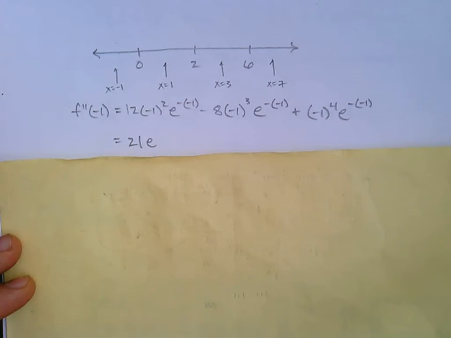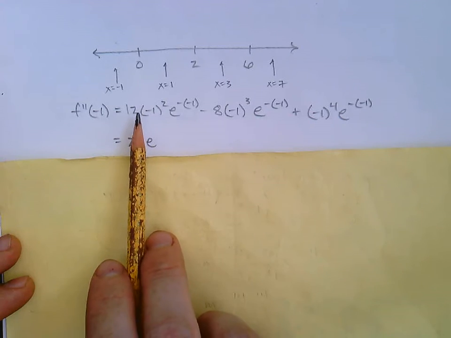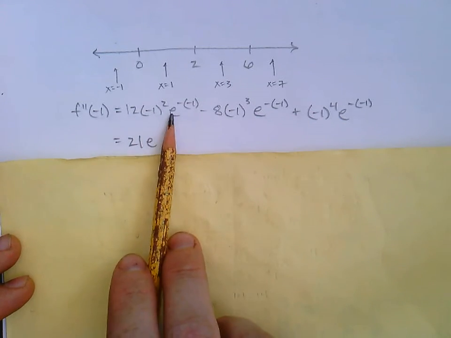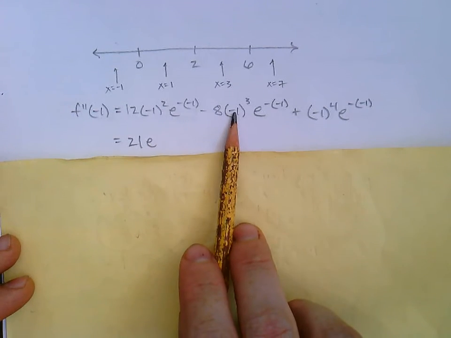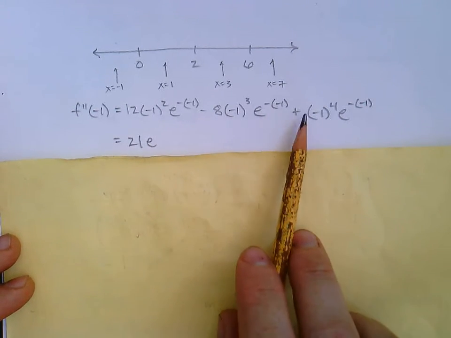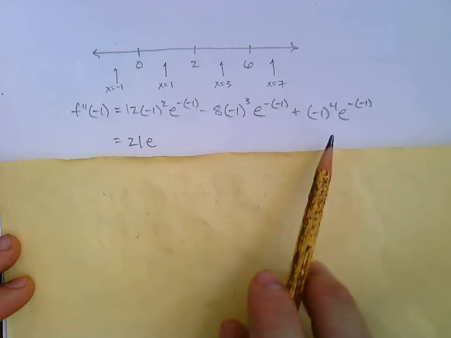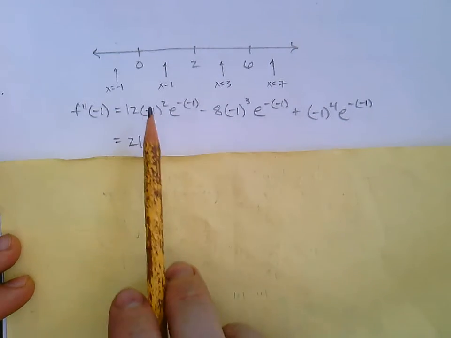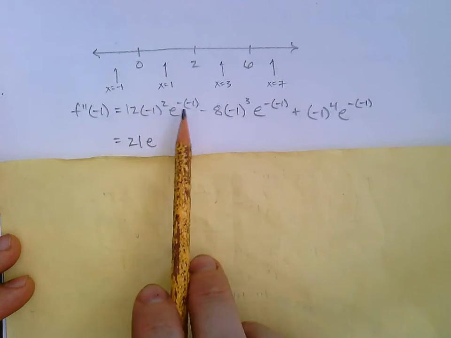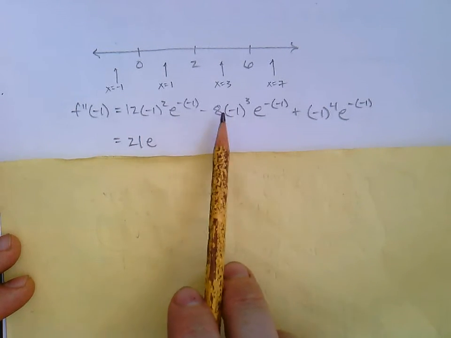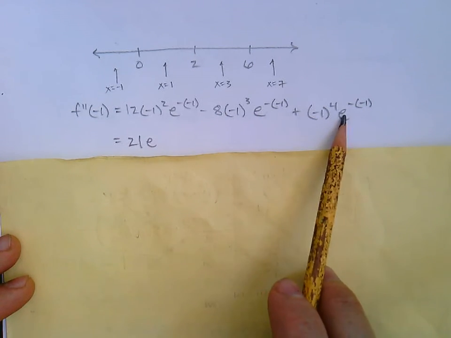That means second derivative. So if I plug -1 in to the second derivative, right, 12 -1 squared e to the -1, oh boy, -8 -1 to the third e to the -1, plus -1 to the fourth e to the -1. That's my second derivative. When it's all said and done, right, that's 12e to the first, plus 8e to the first, plus 1e to the first.